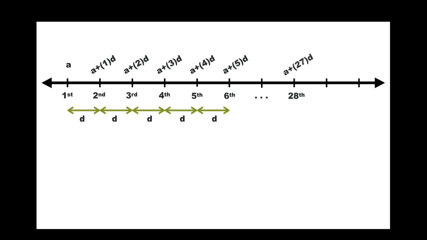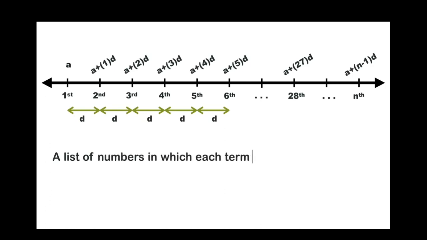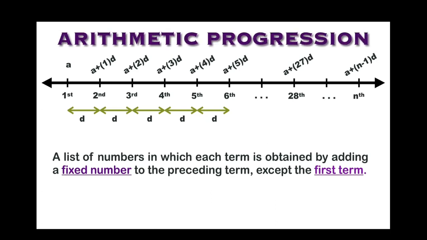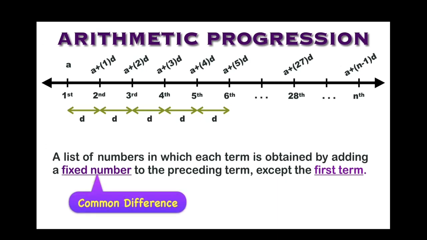Yes, I have to add 27 times D to the first term A. So in general, if I want any term, say for example the nth term, then I have to add n minus 1 times D to the first number A. So a list of numbers in which each term is obtained by adding a fixed number to the preceding term, except the first term, is called an arithmetic progression. Here the fixed number is called the common difference.